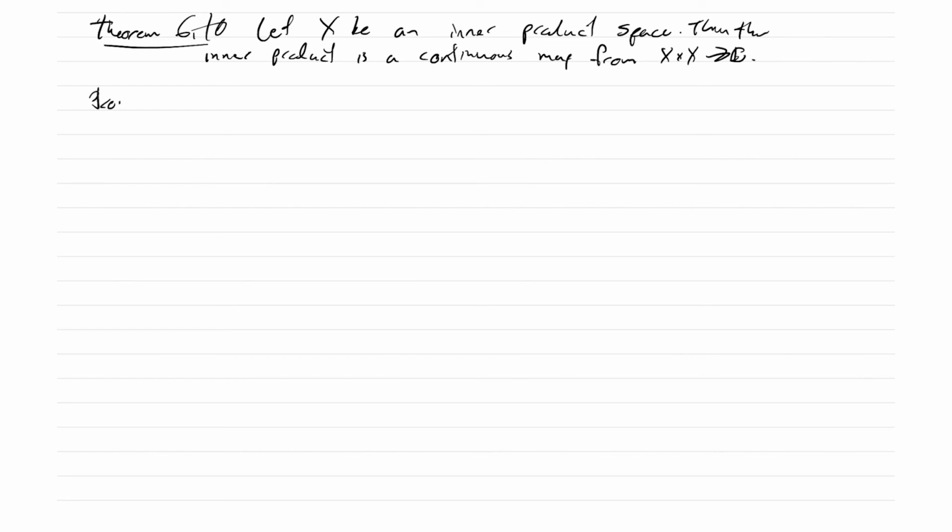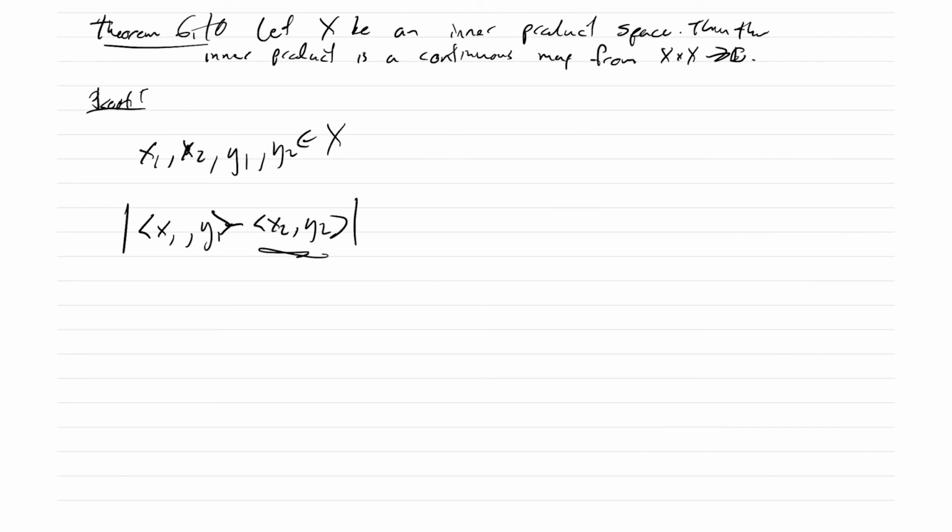So the proof: if you take, say, x1, x2, y1, and y2, you get this pretty quick. It's going to be the inner product of x1, comma y1, minus x2, comma y2, so the image of our function. This can be rewritten like this.